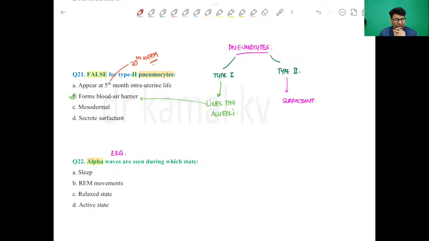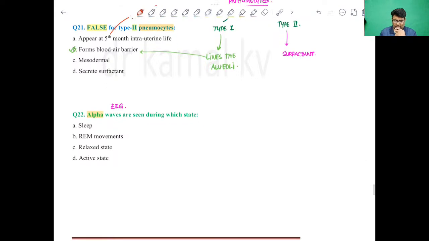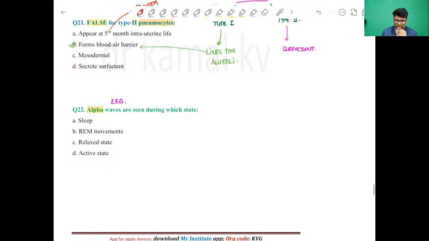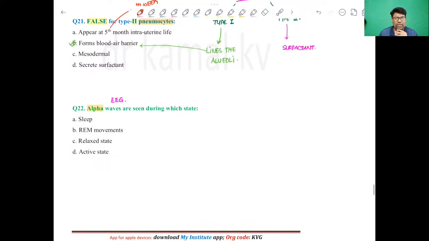So lining is not the function of type 2 pneumocytes, right? That is type 1 pneumocytes. Okay, so in that way we can take the option B as the right answer. Okay, thank you. Now alpha waves on EEG are seen during which phase?